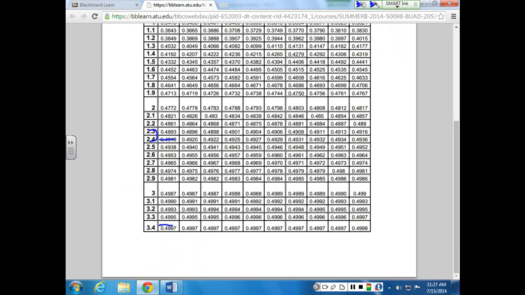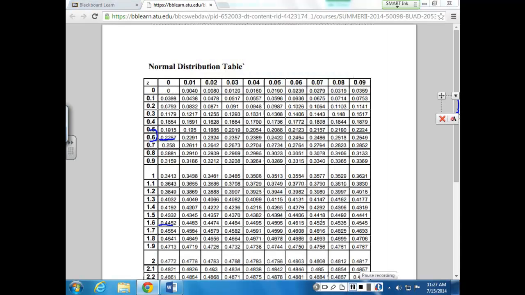So we go into the center of the table and find a number that's close to 0.4. The closest number that you're going to find is 0.3997. That's pretty close to 0.4. So you look in the center of the table, and they're in order, so you can work your way into there. And then we find the z value that goes with that.